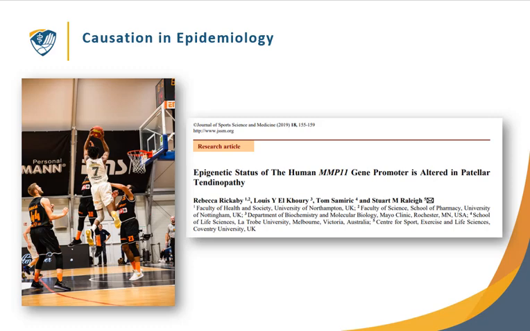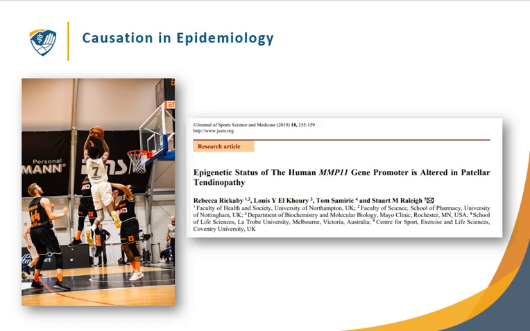So let's talk a little bit about causation in epidemiology. And this is kind of an interesting concept here. Epigenetics, really kind of a fascinating thing, how we turn on or turn off our genes and how that affects our health. So here's a paper, Epigenetic Status of the Human MMP11 Gene Promoter is altered in patellar tendinopathy.